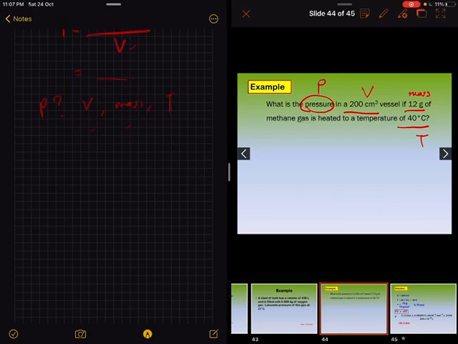So you have these three things. From the mass, of course, you can find the number of moles. So by having these 4 variables here, to find the pressure you will use once again the formula P equals nRT over V. From the mass 12 gram, you convert into number of moles, then you will get 0.75.